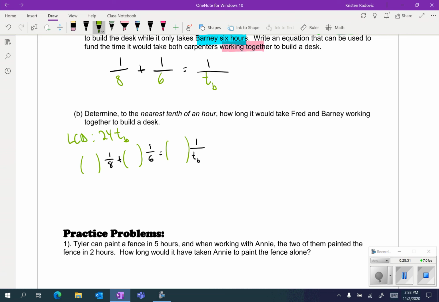If you have 8 and you're trying to get to 24, you need to multiply by 3. If you have 6 and you're trying to get to 24, you need to multiply by 4. And if you only have t sub b, and if you want to get to 24 t sub b, you need to multiply by 24 over 24.